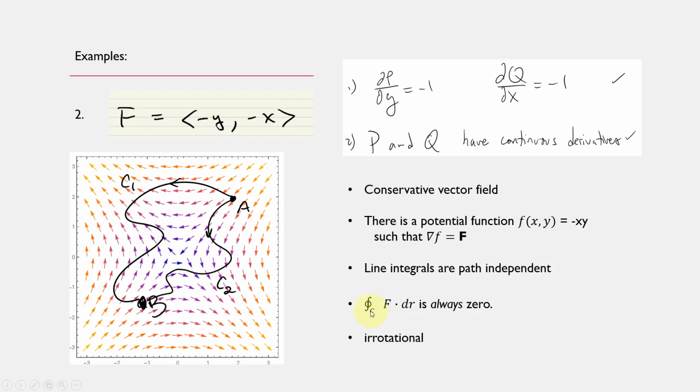So line integrals along closed loops are always 0 in conservative vector fields as a direct consequence of that path independence. And conservative vector fields are irrotational, so there isn't any torque on a point, there isn't any rotation at a point in this vector field.